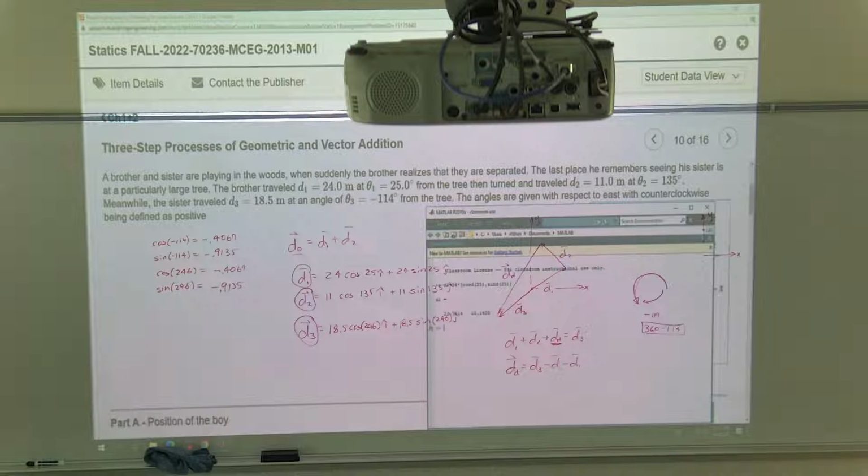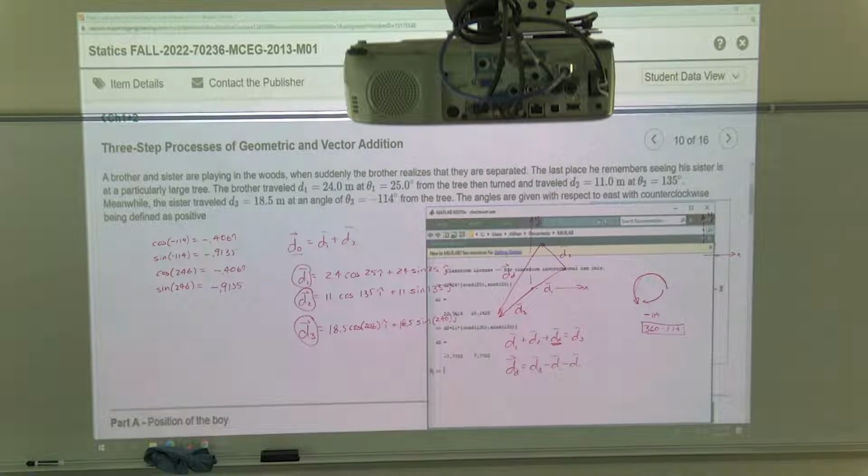And so there's your D1. It's 21 meters, 10 meters. And if you put in D2, it's equal to 11 meters times cosine degree of 135, and then space, sine degree of 135, and then you'll get that.